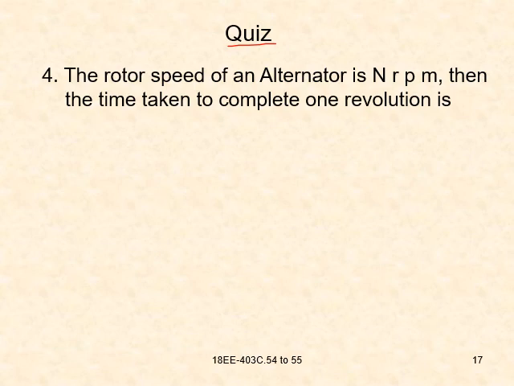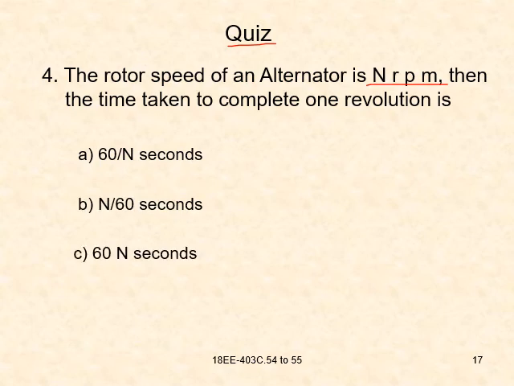Next question. The rotor speed of an alternator is N rpm. Then the time taken to complete one revolution is 60 by N seconds, N by 60, 60 into N, or none. It's obviously 60 by N. Let us see.